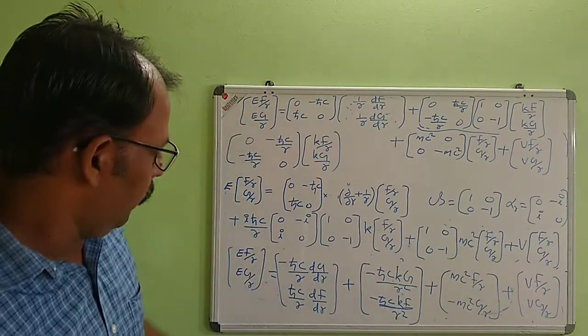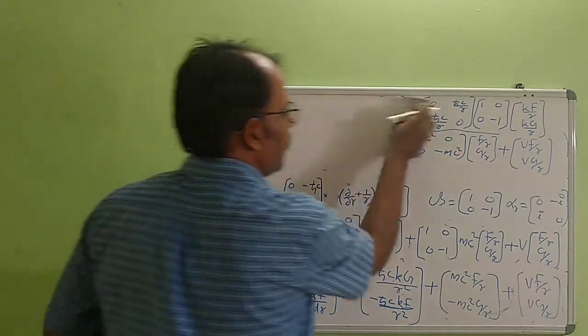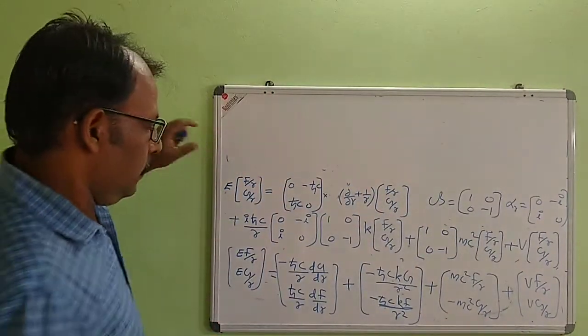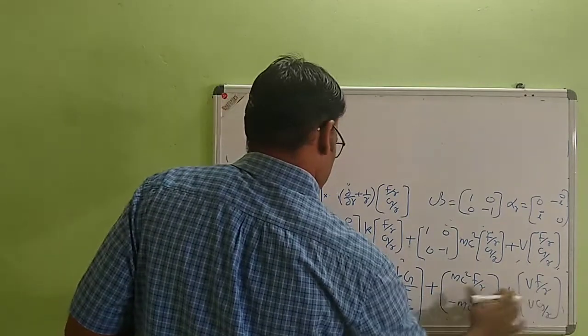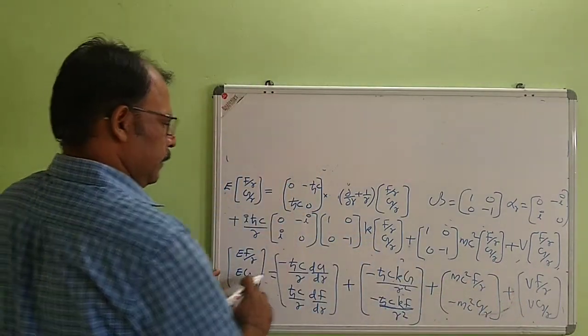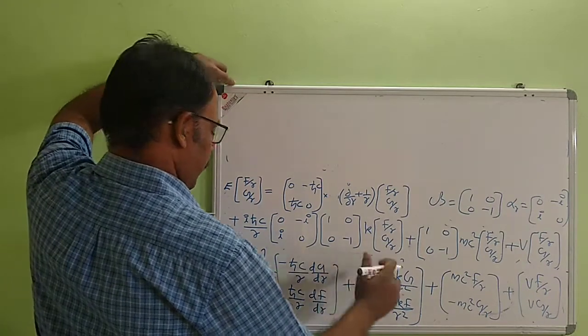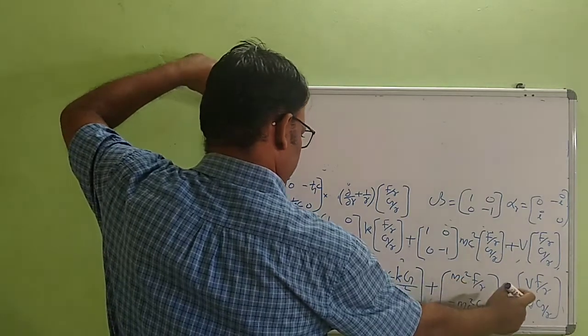Now we will simplify this equation further. On simplifying this equation, I am taking this mc square F by R, these last two terms, to the left hand side. So when I take these terms to the left hand side, we can have E F by R minus of this one, minus of this one.